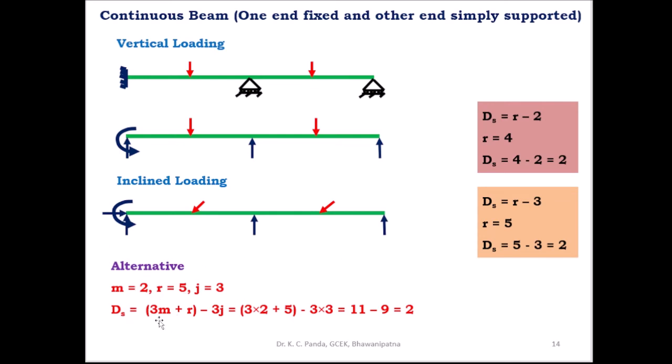Using these values in this expression, you can find the degree of static indeterminacy. So 3 into 2 plus 5 minus 3 into 3. So here 3 into 2 is 6, plus 5 is 11, minus 9. So this is equal to 2. So the degree of static indeterminacy of a continuous beam when one end of the beam is fixed and the other end is simply supported, here ds is equal to 2.